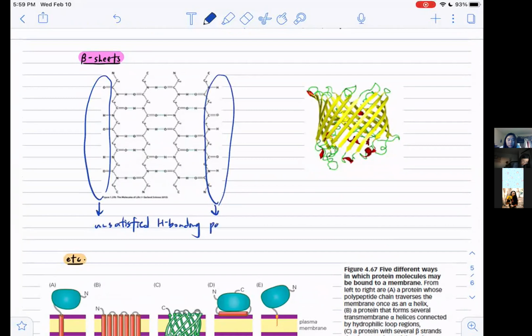Instead, what happens is the beta sheet rolls up into a barrel-like structure so that these ends with unsatisfied hydrogen bonding partners can touch each other and have hydrogen bonding interactions. And so this leads to a structure called a beta barrel, which can cross the membrane.